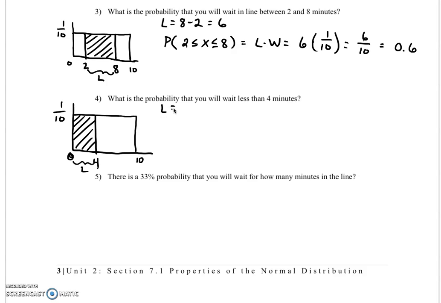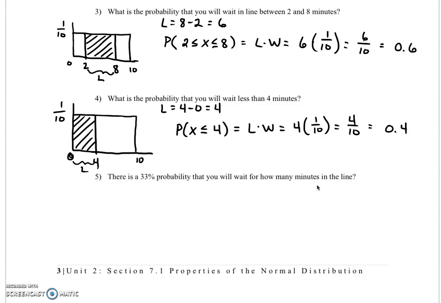So the length is 4 minus 0, which is 4. And the probability that we wait less than 4 minutes is length times width, which is 4 times 1 over 10, which is 4 over 10, or 0.4.